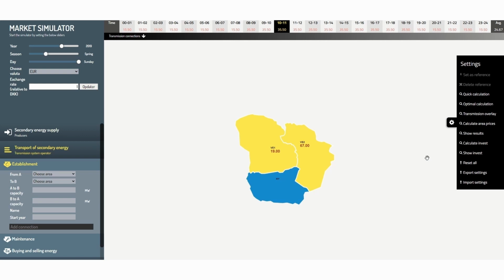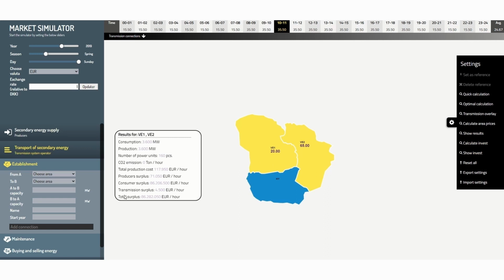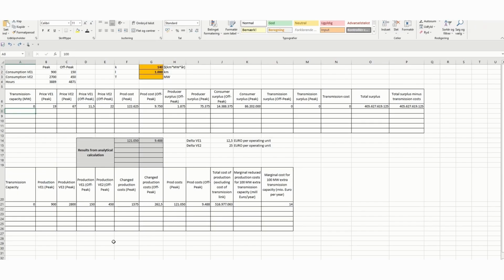I then do a quick calculation for this peak hour here and get these new values. I also calculate the total production cost, the producer surplus, consumer surplus, and I insert these values into my Excel sheet. You can see here I insert all the values.